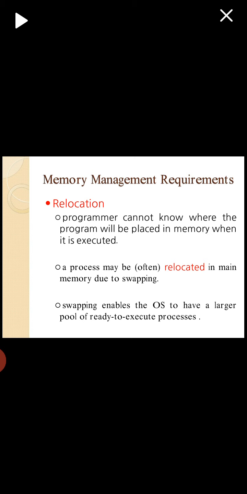Swapping enables the operating system to have a larger pool of ready to execute processes. So from this point, relocation, we understood that the programmer doesn't know where the actual program is loaded in memory, and during execution of that program it will get swapped by the swapping concept. Temporarily it is loaded into secondary memory and accessed again during execution.